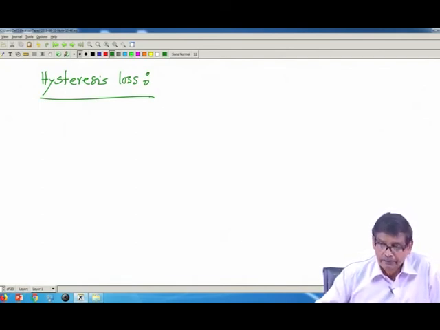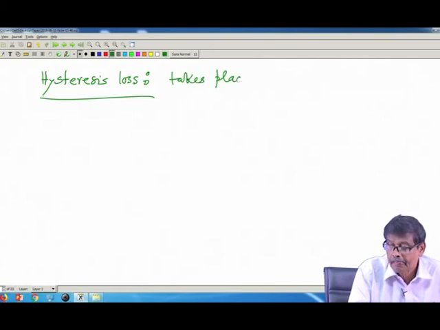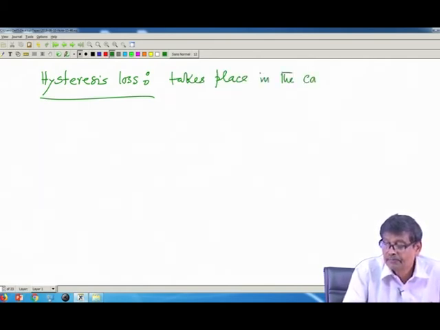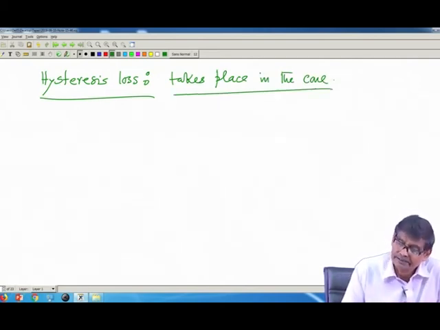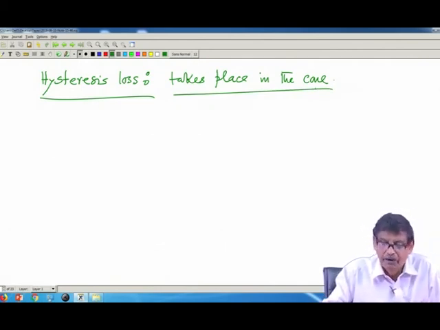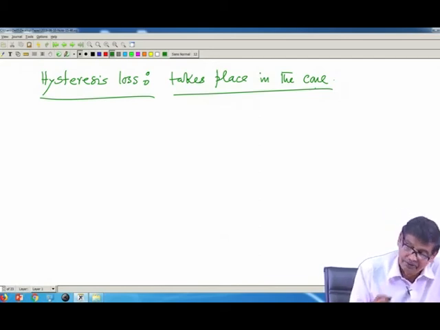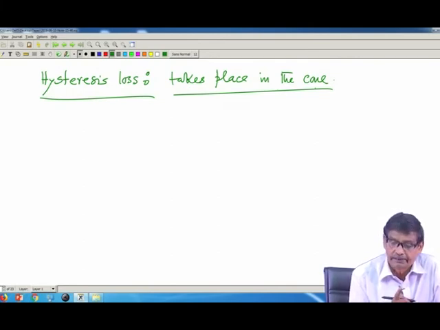Hysteresis loss is another loss which also takes place in the core, like eddy current loss. Now, what is this loss? This loss is slightly of a tricky type, but we know why hysteresis loss should take place.